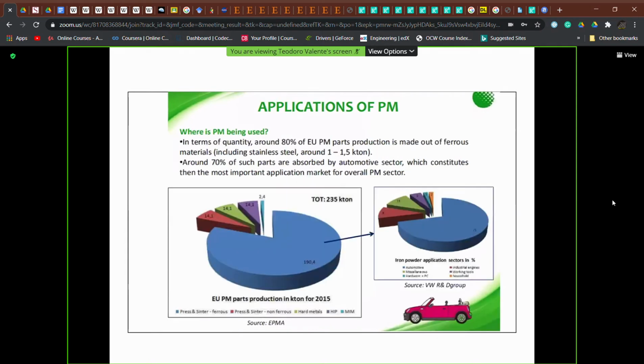Here you have some graphs in which you see where powder metallurgy is used.